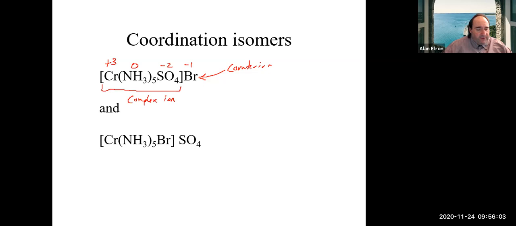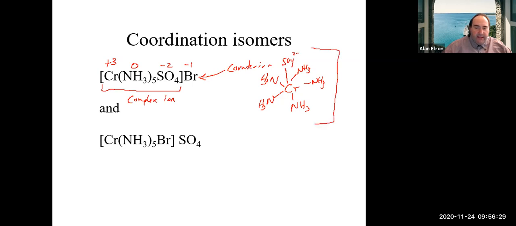So in our first arrangement here, the complex ion is a chromium attached to 5 NH3s and one sulfate here. Not necessarily drawn correctly in terms of attachment.